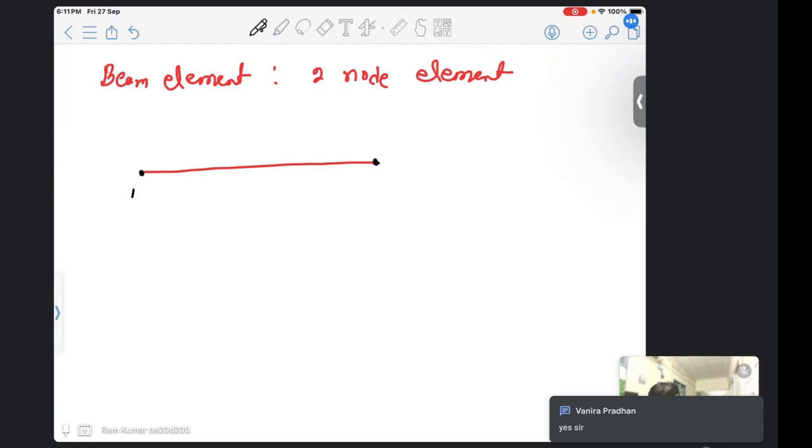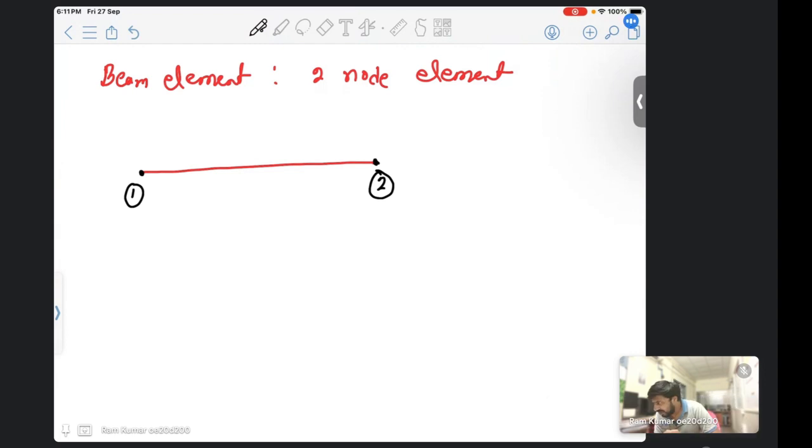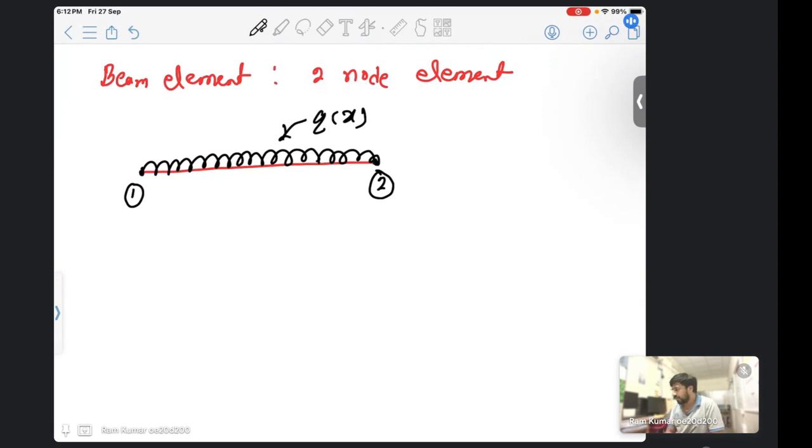Okay. So this is node one, this is node two, and this element is subjected to any type of loading like this. This is the loading Qx, the load per meter, in Newton per meter.